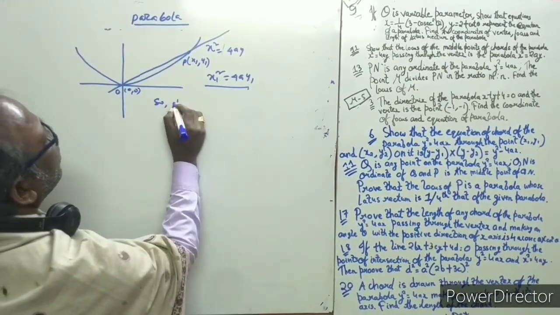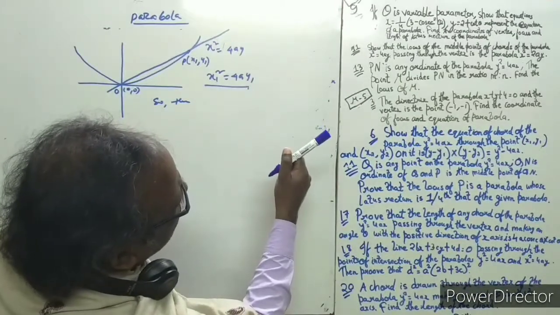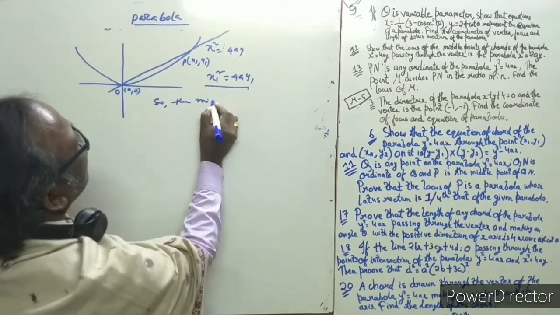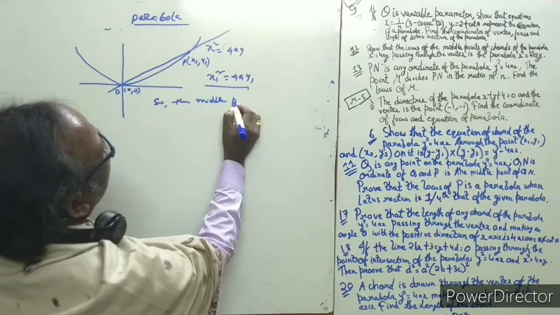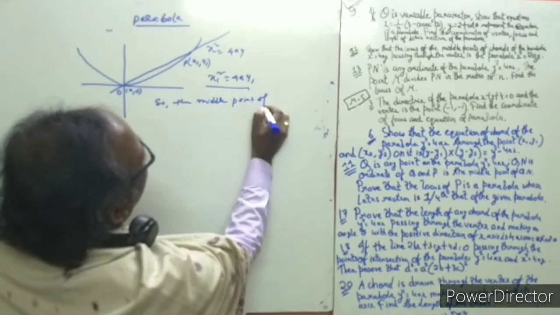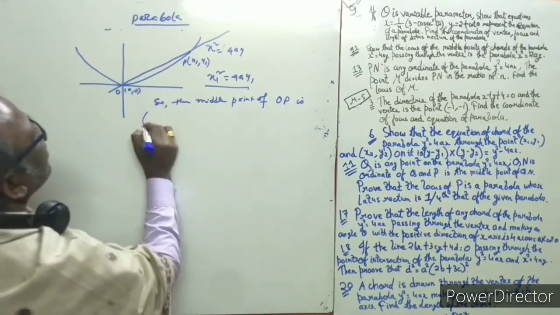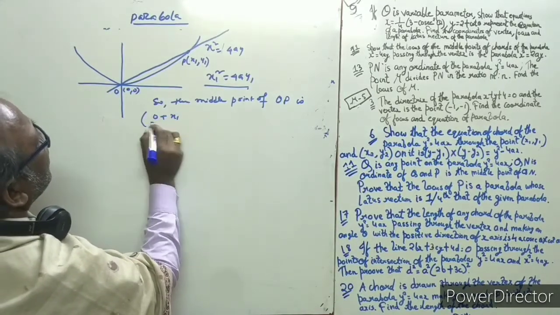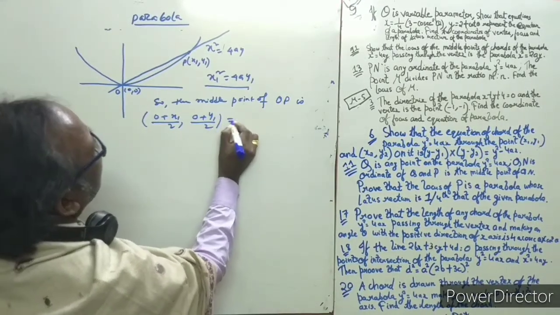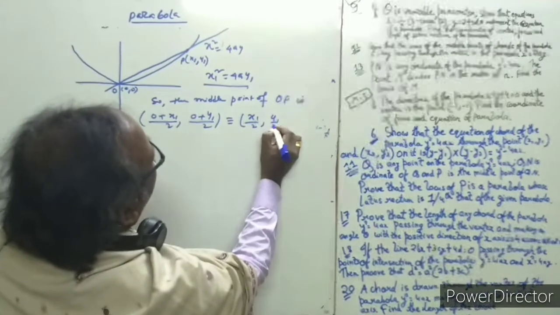Now the middle point of the chord OP is 0 plus x1 by 2, 0 plus y1 by 2, which is x1 by 2, y1 by 2.